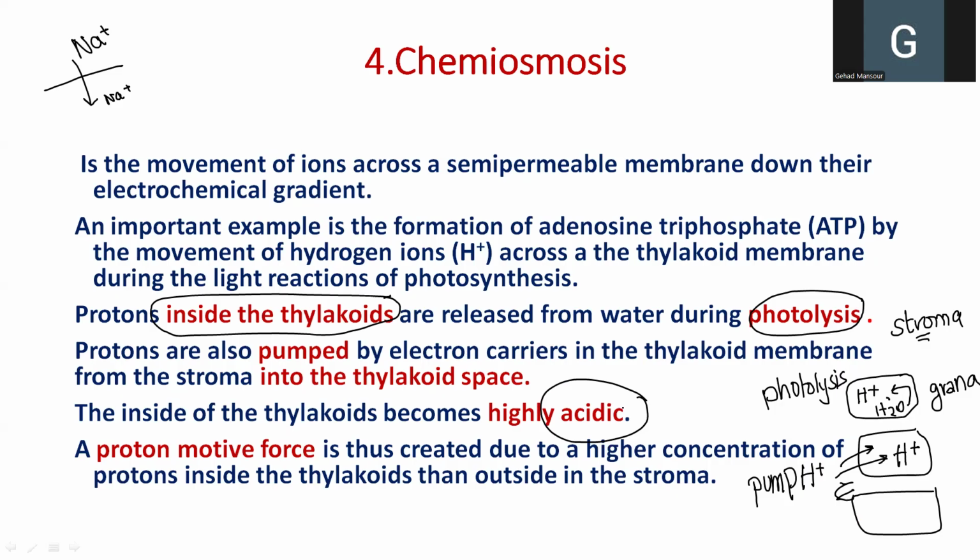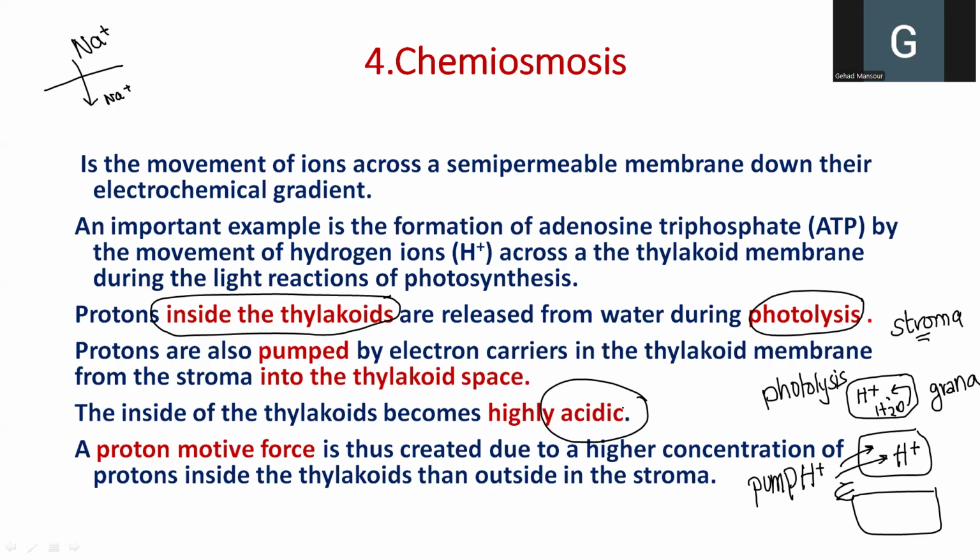There is a famous question that asks what happens if you prevent pumping of hydrogen ions into the grana. If you prevent it, then you are minimizing the concentration of protons inside the grana, and therefore you're making the grana less acidic.